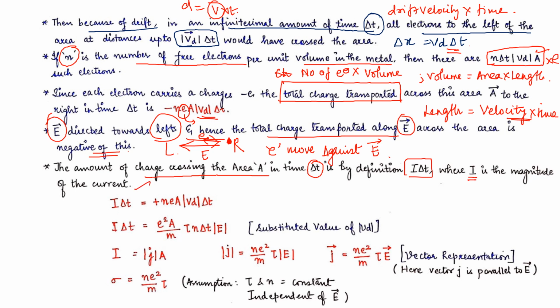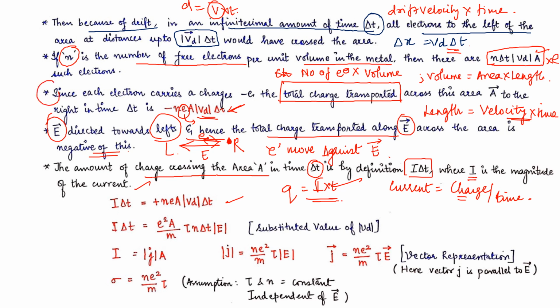Current equals charge per unit time, so charge will be current into time. This is our general equation, and this is from drift velocity.